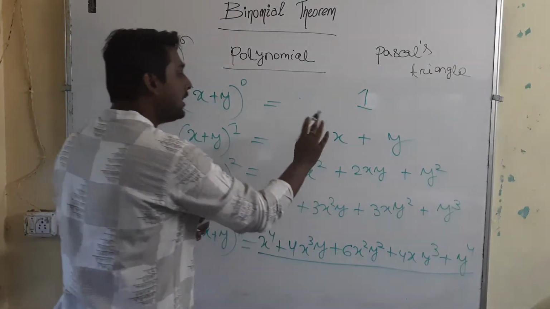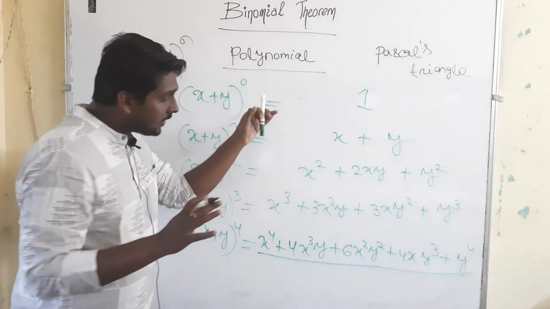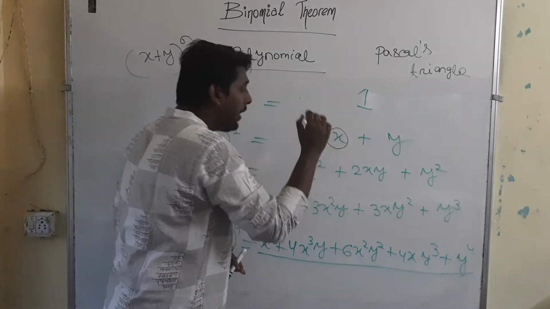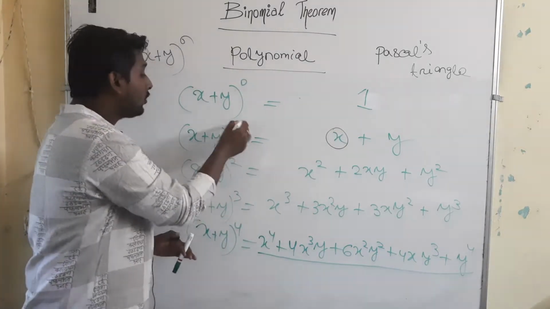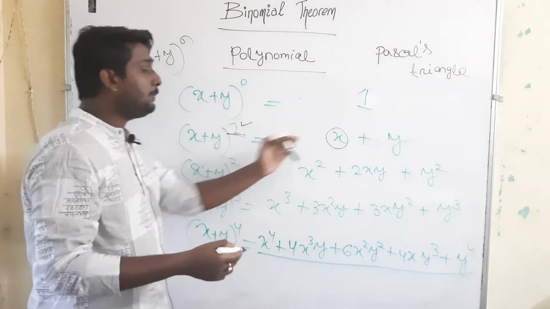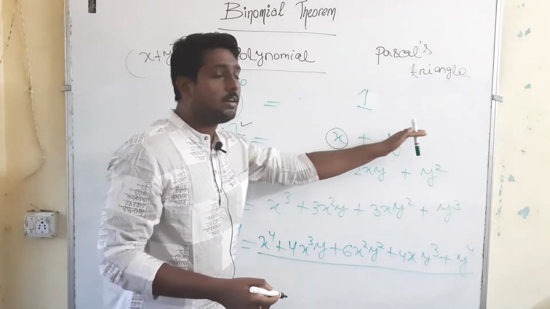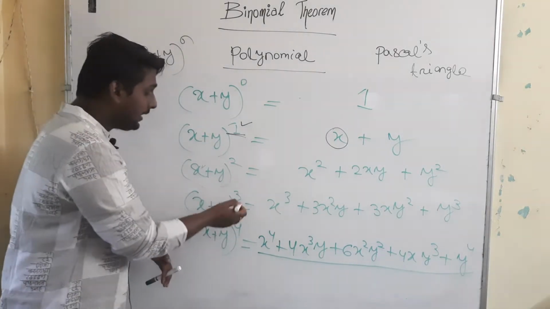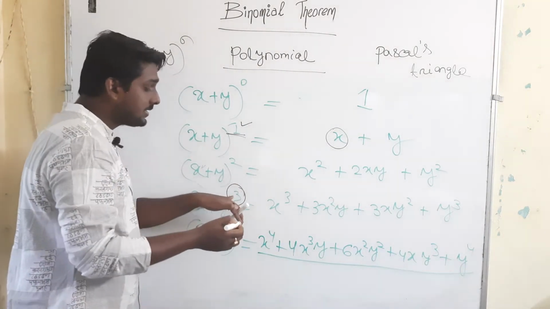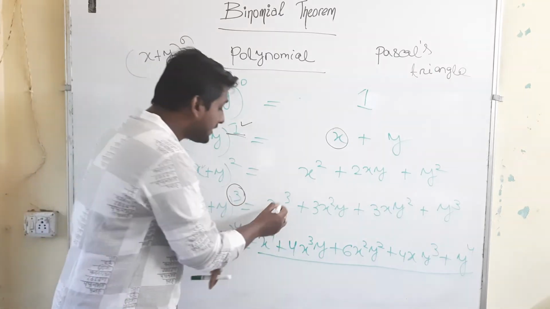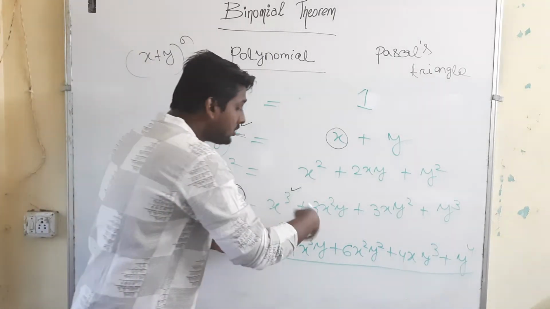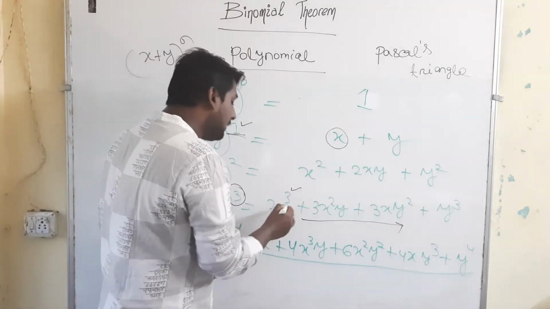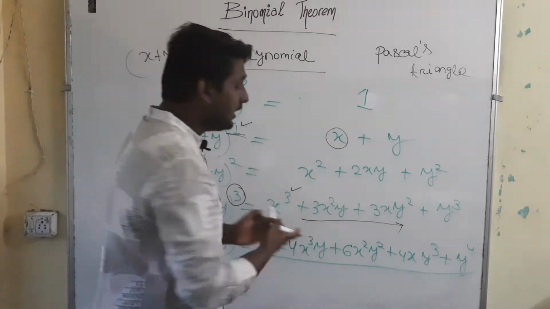Now what I am observing over here is the power of x. The power of x plus y is 1, and the power of x is 1 over here, and the power of y is 1 over here. Down here, for x plus y to the power 3, the maximum power is 3, and the power of x starts from 3 and goes on decreasing down the line, and the power of y goes on increasing down the line.